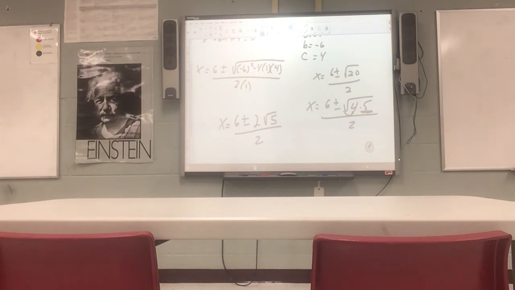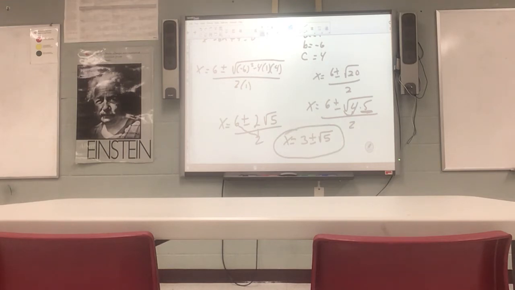Okay, this is great work, but it's still not finished. You've got to divide by 2. Good. Both of these things I can reduce. So 6 divided by 2 is going to make that 3. 2 divided by 2 is just going to make that 1 square root of 5, or you can just write square root of 5. Good job.